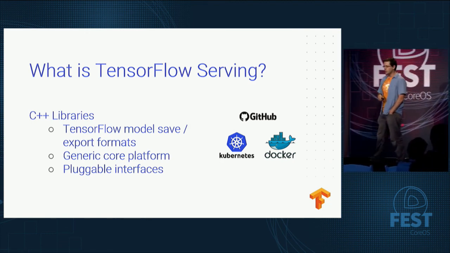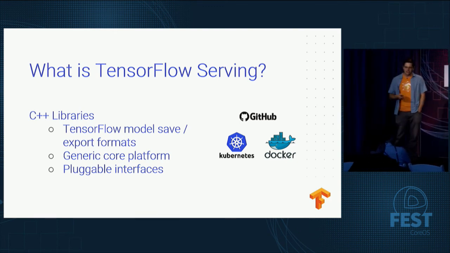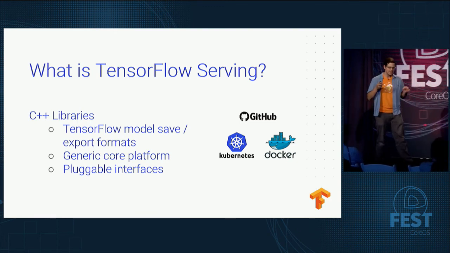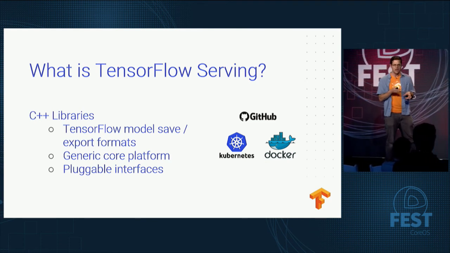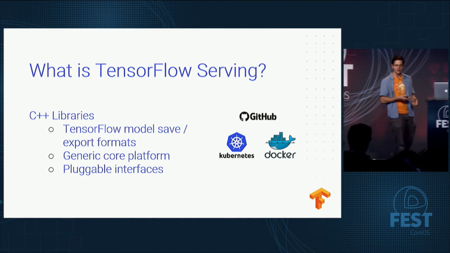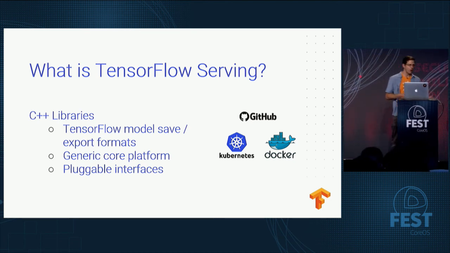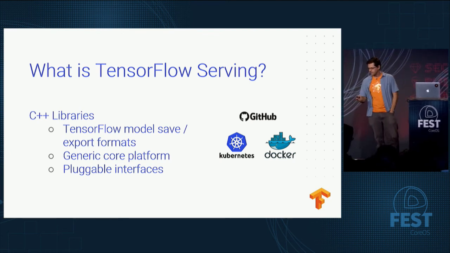And one of the reasons we do this is because it's open source software, so that we're not getting you into this locked-in position. It's called TensorFlow Serving, but you don't even have to use TensorFlow with it. These pluggable interfaces, if you have a legacy model built in a different system, you can build the plugin you need to run it inside TensorFlow Serving.